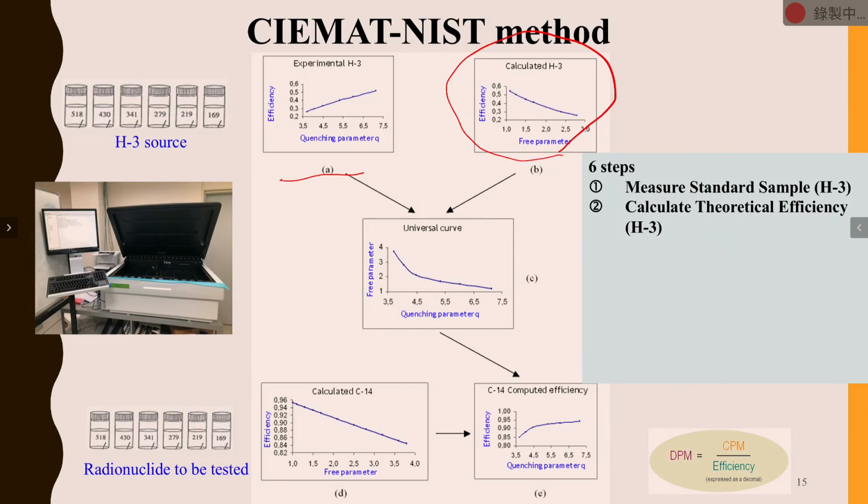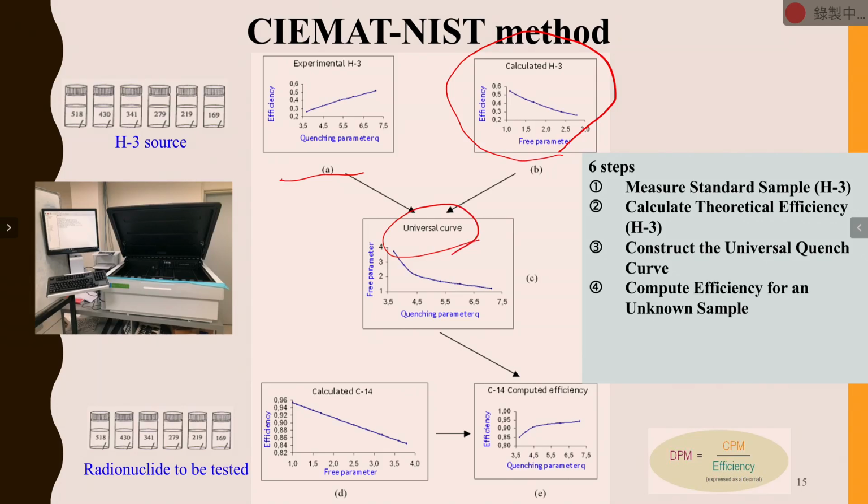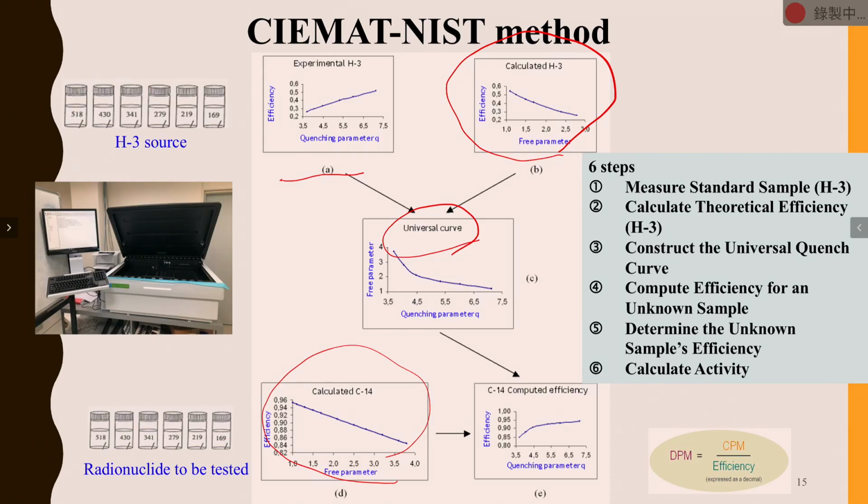And the third, by combining the experimental result with the theoretical calculation, we can get the quenching curve. And the fourth, using the theoretical calculation, we establish an efficiency relationship for the unknown sample with respect to the free parameter. And the fifth, the unknown sample's efficiency is then found by applying its measured quenching parameter to the quenching curve. And finally, we can calculate the sample's activity.